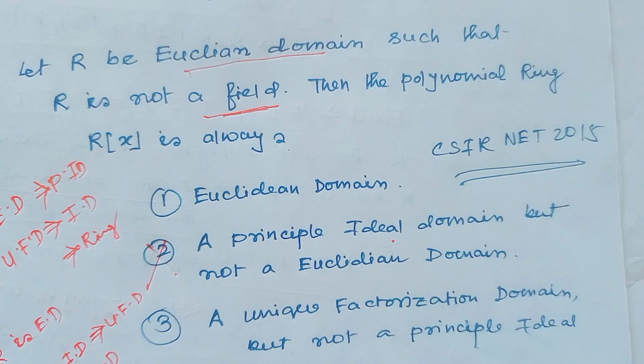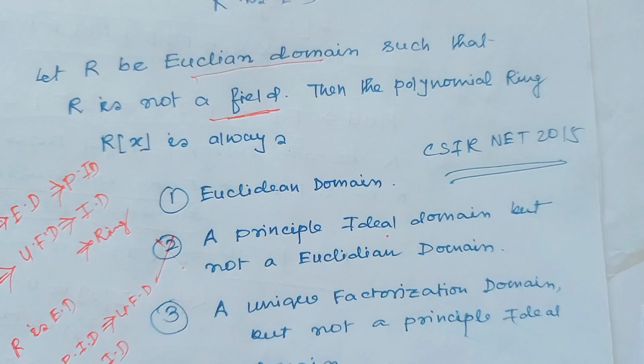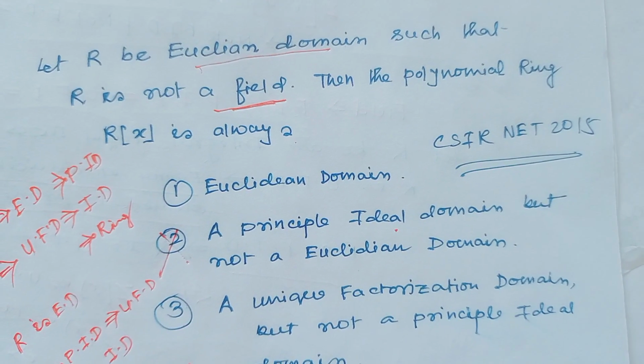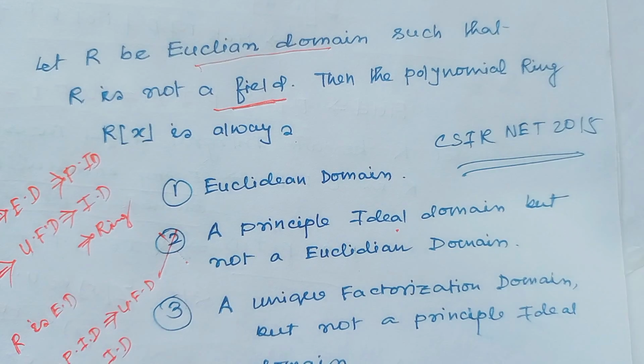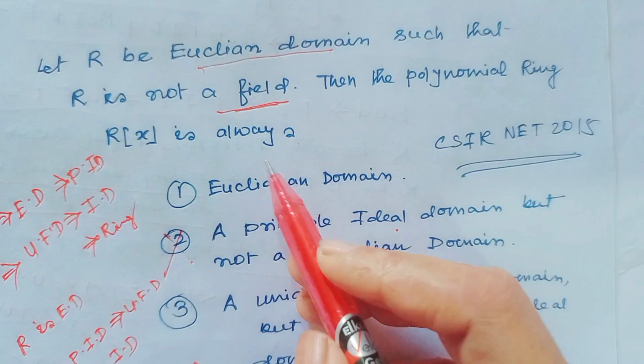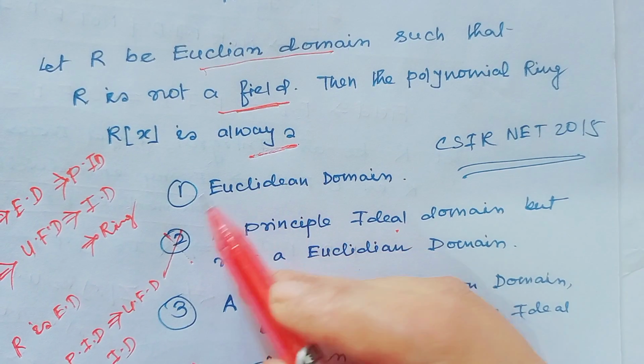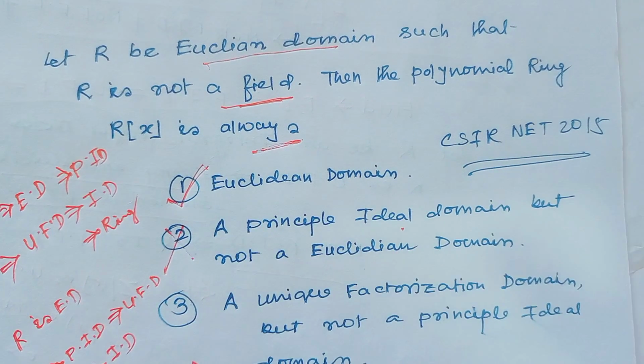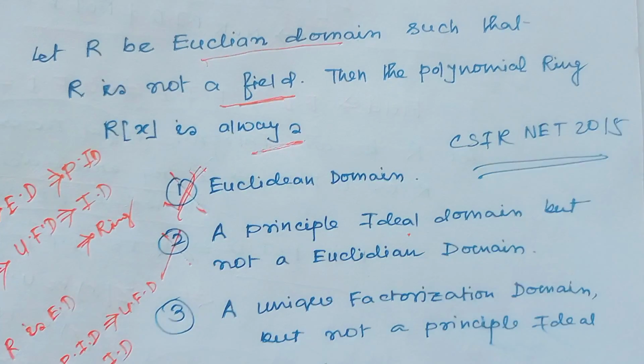This cannot be P.I.D. Since R is not a field, the polynomial ring is not P.I.D, so it is not a Euclidean domain. This is also a wrong option.